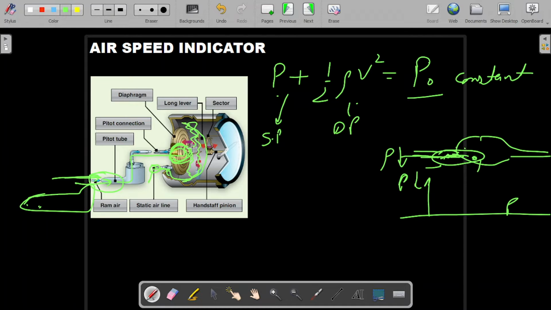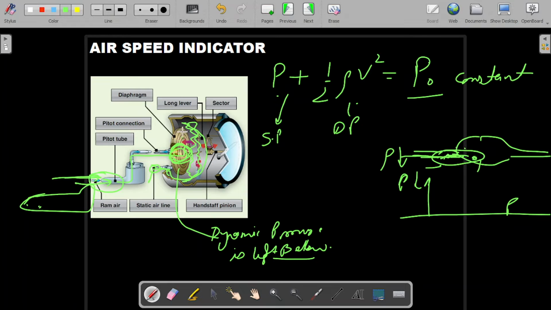In the bellow there is a summation of static pressure and dynamic pressure. However, in the chamber there is only the static pressure. So both static pressures cancel, and only the dynamic pressure is left inside the bellow. I hope you have understood this.